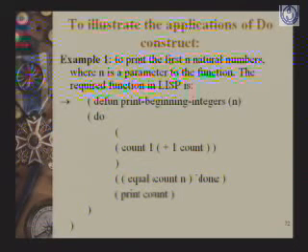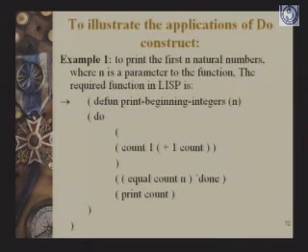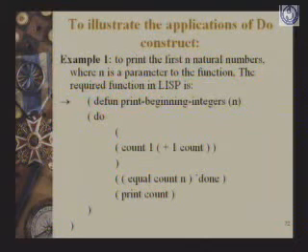Therefore, 3 steps are required at each stage for printing a number. First of all, a variable count is taken, and initially the value of count is 1. In the subsequent steps, count is increased by 1. Then what is the next step? The terminating condition. We are using only one variable, count, on which the iteration is applied.